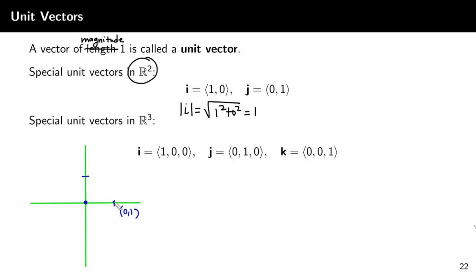Yeah. So, this will be the terminal point of the unit vector I. So, ito ngayon yung itsura niya. For J naman, it has components 0, 1. And the point 0, 1 is here.